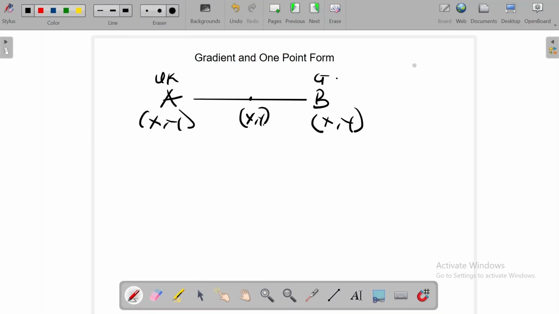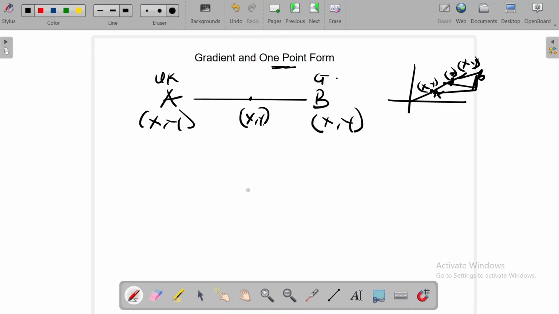If I should represent it in a graphical form, something like this, you have one coordinate here, x, y. You have another coordinate, x, y. The midpoint between the first point, which is A, and B, that midpoint is considered to be the 1 point, the 1 point form.